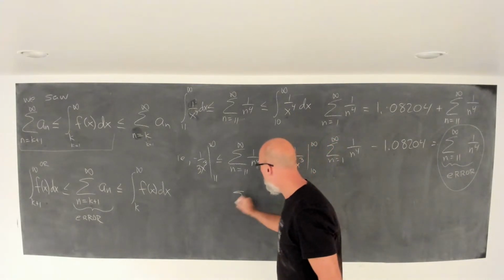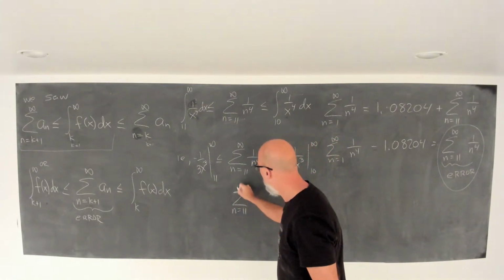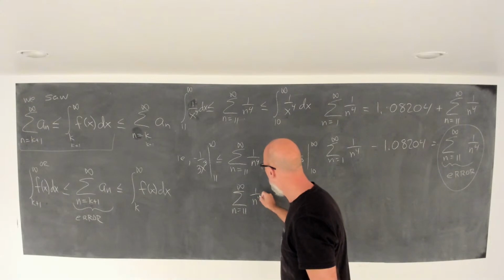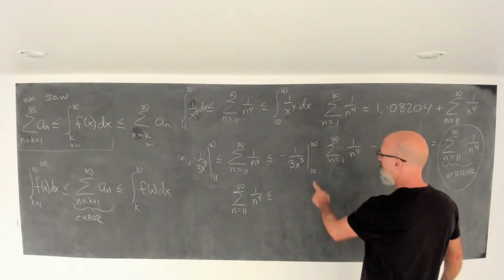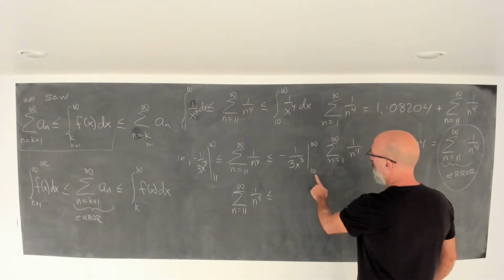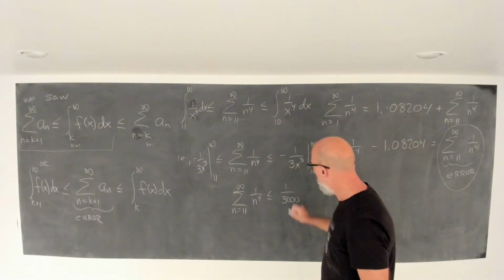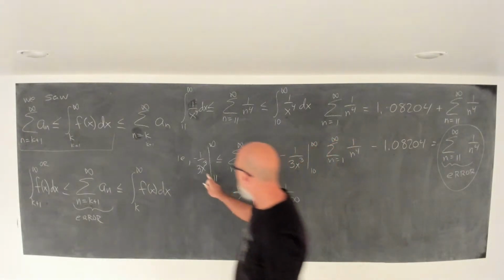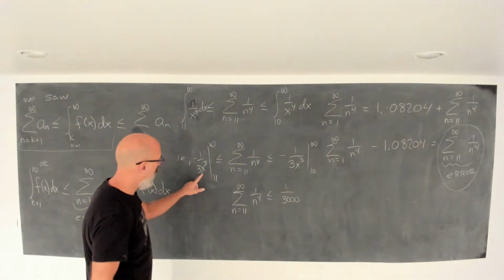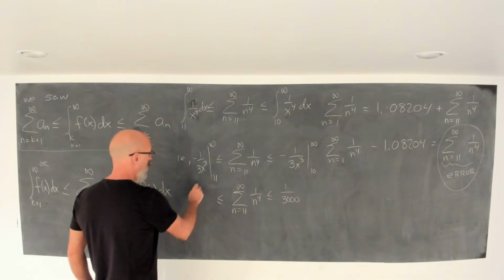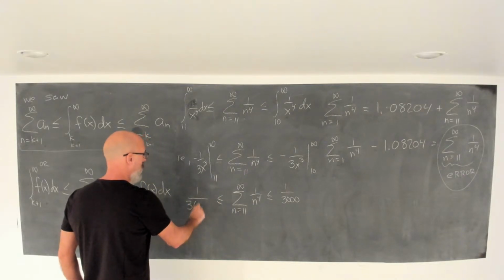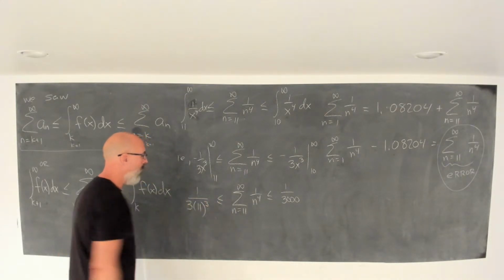So in other words, again, this is less than or equal to 1 over 3,000. And this is bigger than or equal to 1 over 3 times 11 cubed, whatever that is.